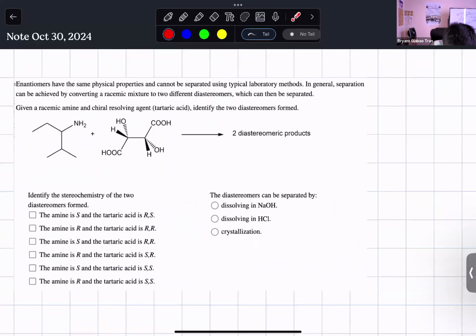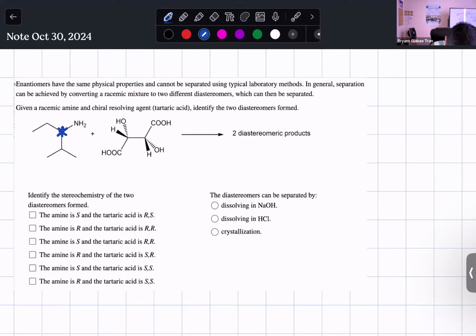So this question here is asking for enantiomers. They have the same physical properties and cannot be separated using typical lab methods. In general, separation can be achieved by converting a racemic mixture to two different diastereomers, which can then be separated. Given a racemic amine, racemic meaning that you have a one-to-one mixture of enantiomers, and the chiral center at that carbon.